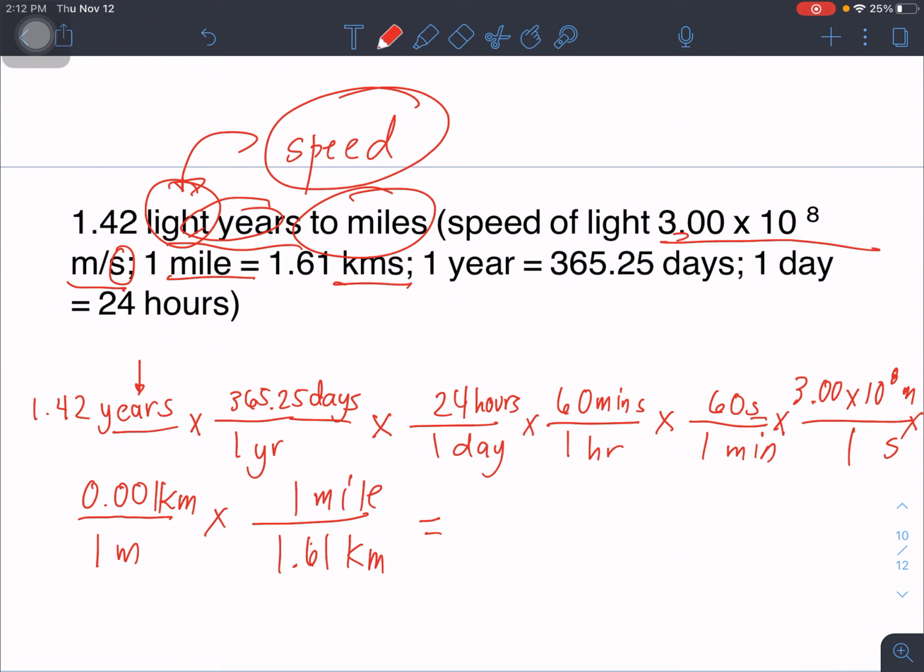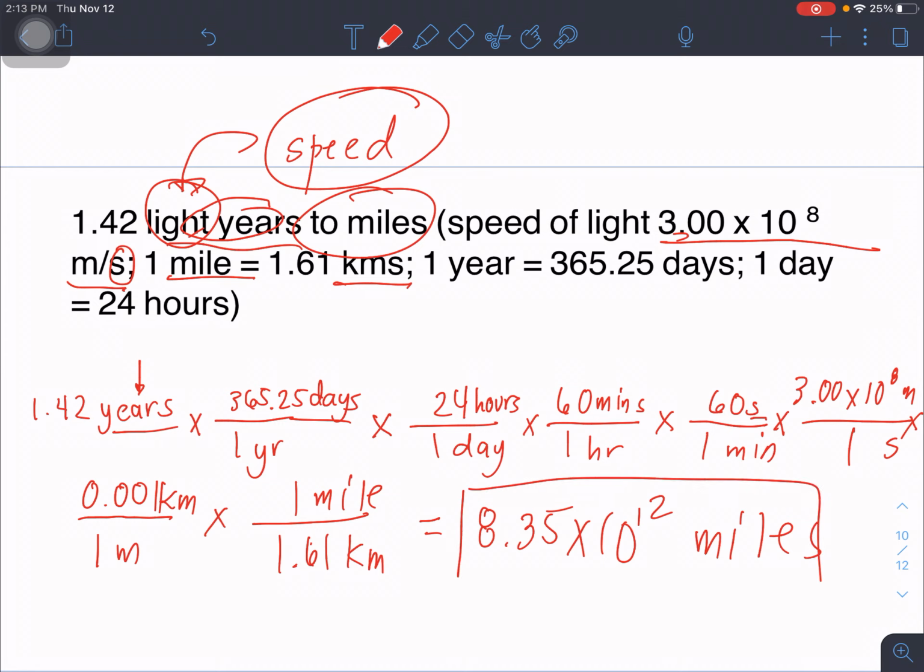So the answer will be 8.35 times 10 raised to 12 miles. This is really a very long distance, and it makes sense because the speed of light is very high, and the light could travel this distance in just a matter of 1.42 years. Okay, so this is how we do dimensional analysis.